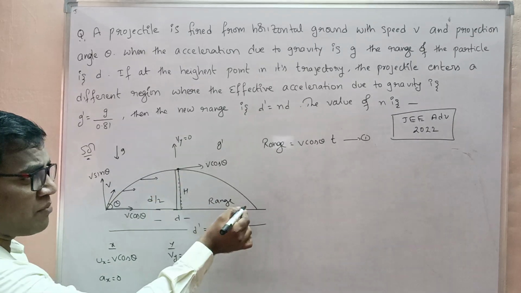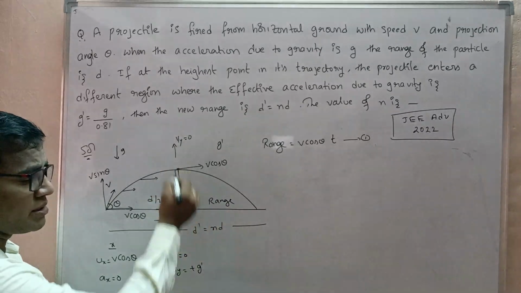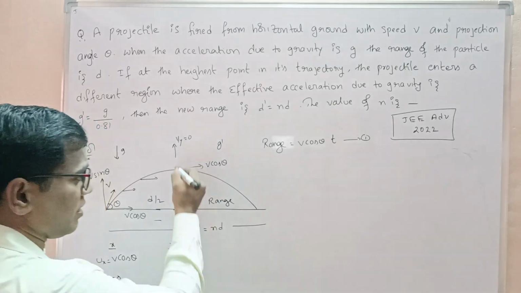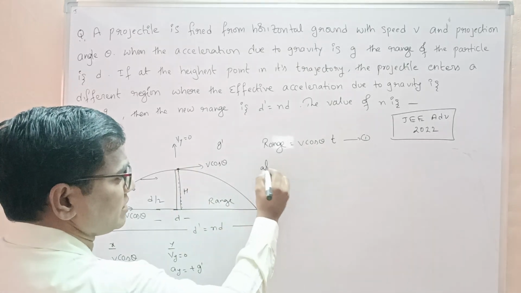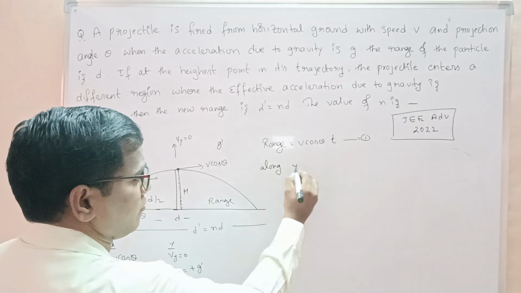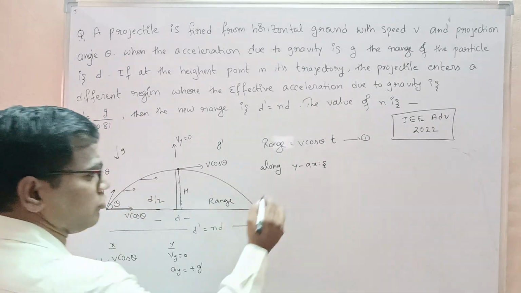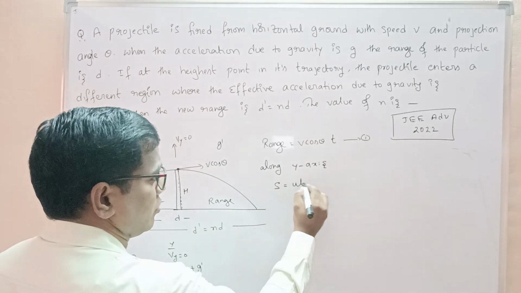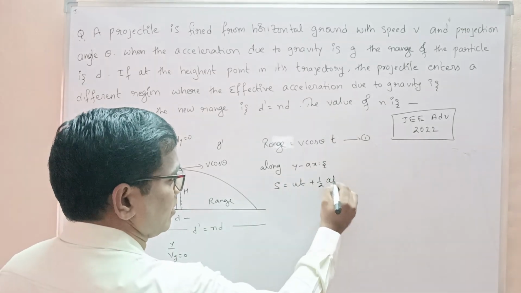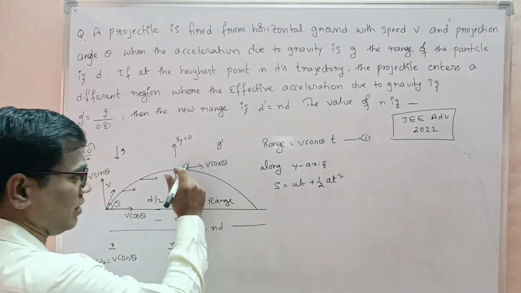In order to find the time of flight, I will consider the y components. Along the y-axis I will apply s is equal to ut plus half at square, and s is nothing but the maximum height.